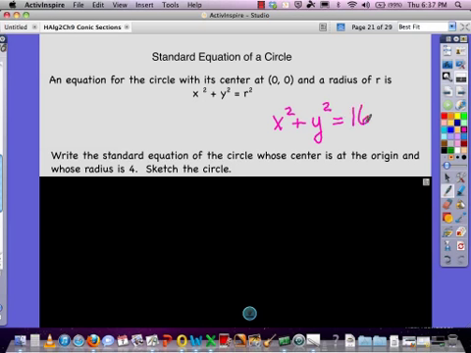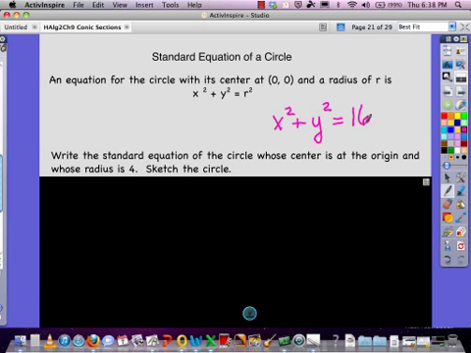We would get 16. Let's say it was not a nice radius value that was given to us. What if they said the square root of 10? Well, then you would square that number and you would still have a fairly nice number. All the radius squared values do not have to be perfect squares. You can have a circle that has a radius that is a non-whole number.